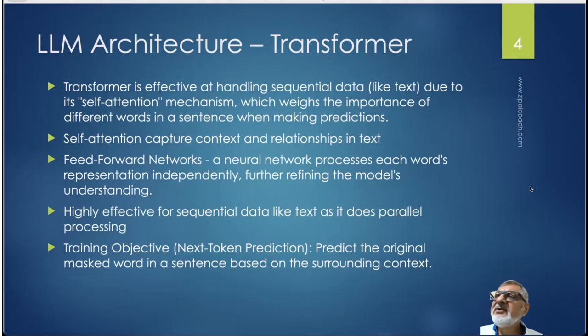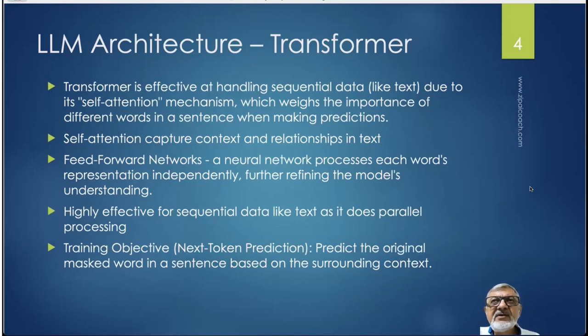As I mentioned, transformer architecture, what is it? It is effective in handling sequential data like text. It uses a self-attention mechanism which weighs the importance of different words in a sentence and then makes a prediction.